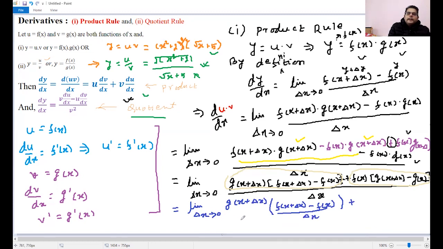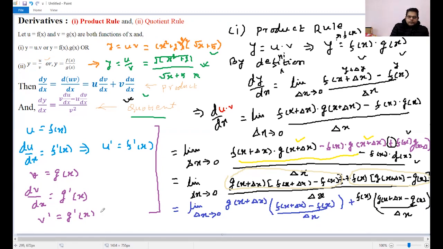Wherever you find Δx, you have to remember that the limit is applicable. So in that case, it's going to be f(x), then inside the bracket g(x + Δx) minus g(x), and the whole thing is going to be divided by Δx.